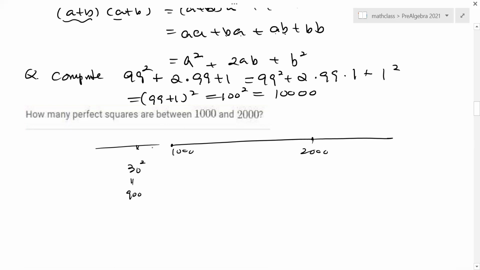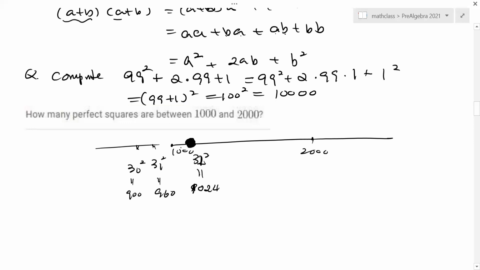Then 31 squared is 961, pretty close to 1,000. Then 32 squared is 1,024. So that is the smallest perfect square between 1,000 and 2,000.